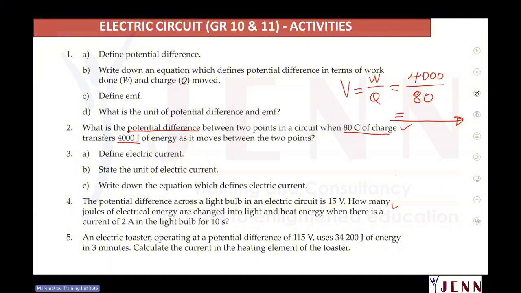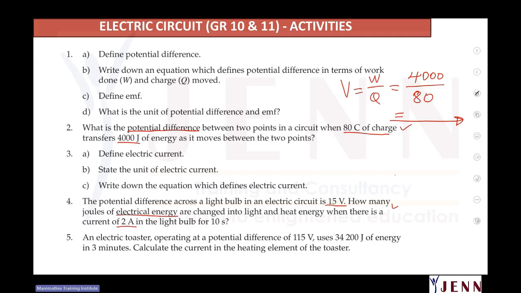And then for question 4, it says the potential difference across a bulb in an electric circuit is 15 volts. How many joules of electrical energy, we are looking now for energy, are changed into light and heat energy when we have a current of 2 amperes in the light flowing for 10 seconds?